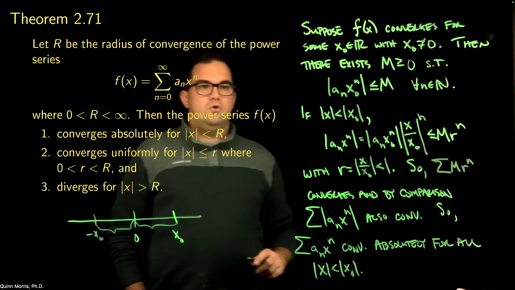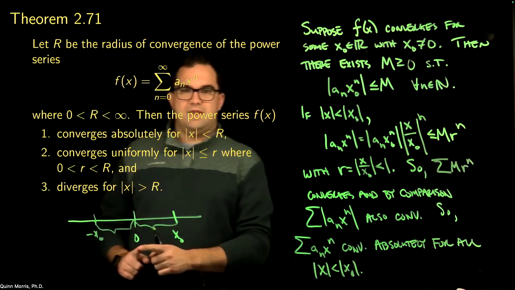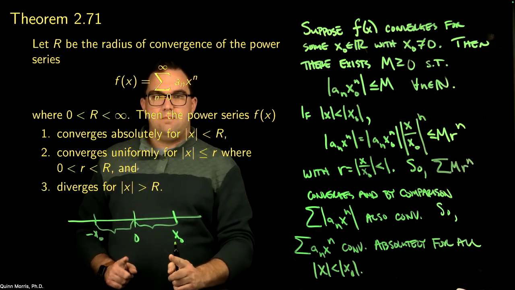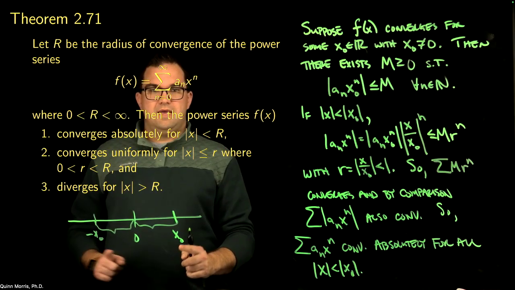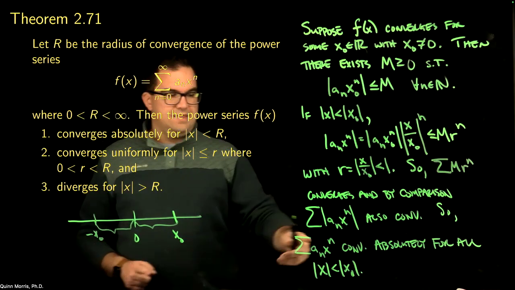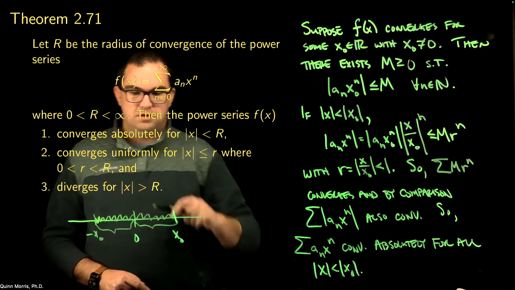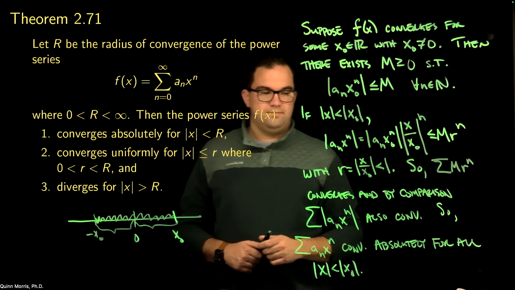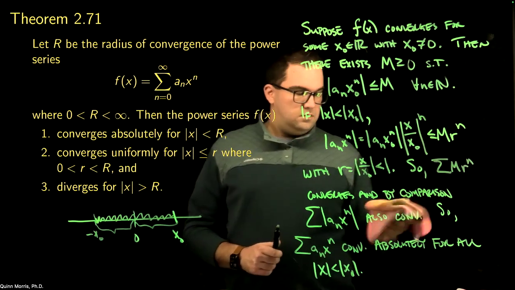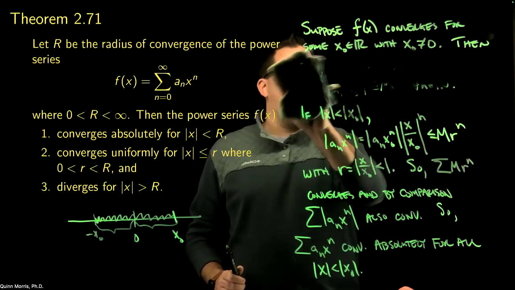Okay. So what this is telling me is as soon as I know that I have convergence for some value distinct from 0, then I have a whole interval's worth, right? And that interval is just defined as all the points that are at least as close to 0 as x naught. All right, great. So now how can we use that to our advantage?